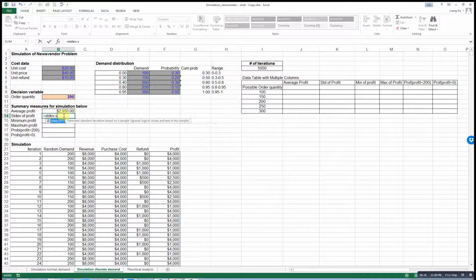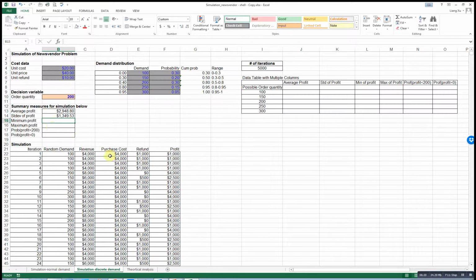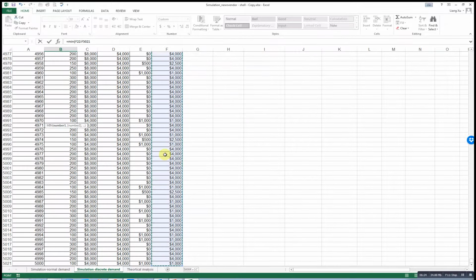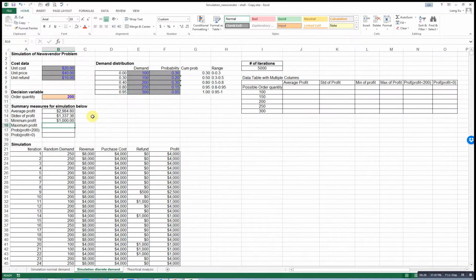The minimum profit, the maximum profit, and the chance that the channel profit is less than 200.